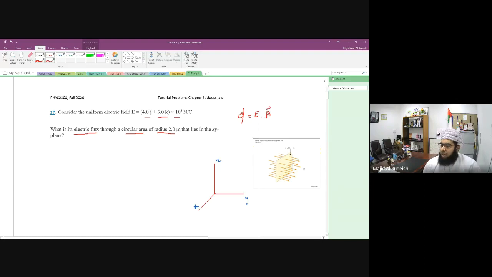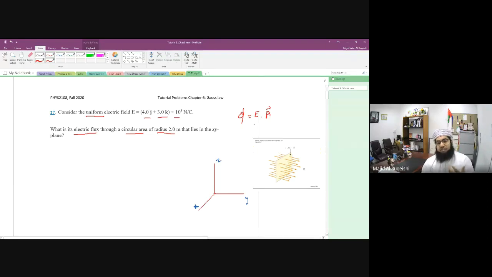Before we solve the problem, we should know that the electric field sometimes is constant or uniform, as in this case, a uniform electric field. If it's uniform, we take it as it is; it has only one constant value.